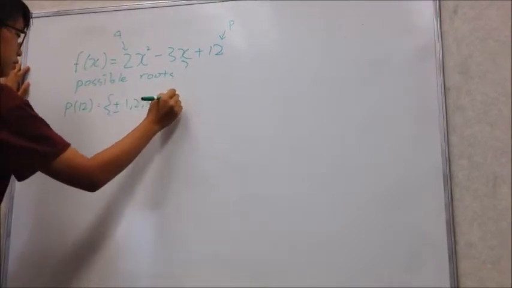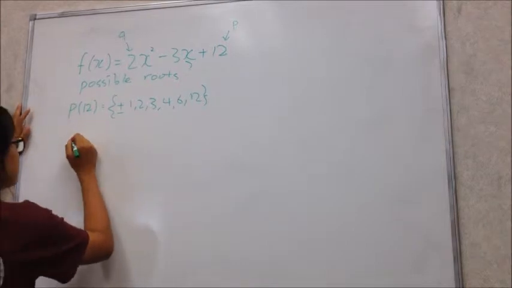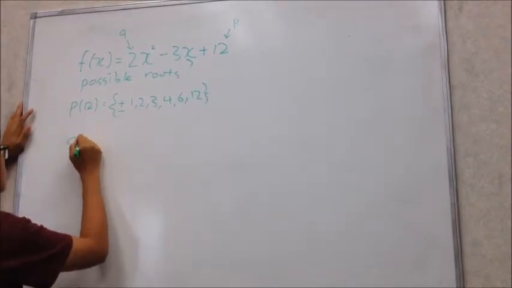Factors of p, 12, are plus or minus 1, 2, 3, 4, 6, and 12.